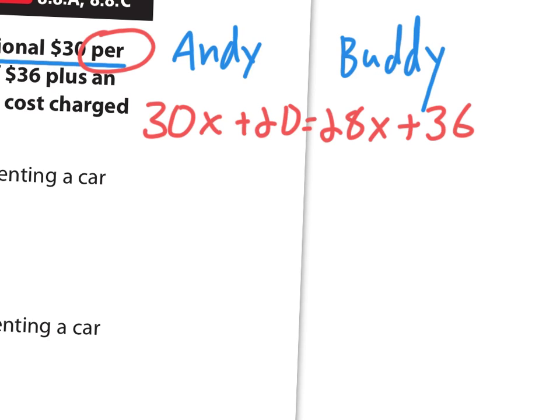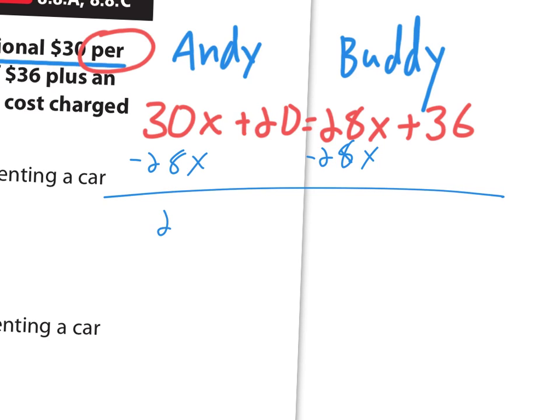Have we got that done? No, we have 30x on the left, 28x on the right. So, what side do I want to take x's away from? 28. So, to do that, we subtract 28x from both sides. That gives me 2x plus 20 equals 36. Good. All of my x's are on the left.